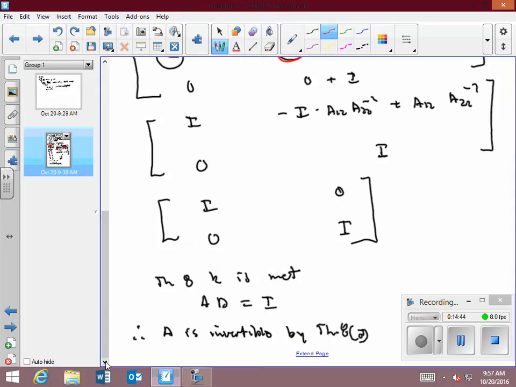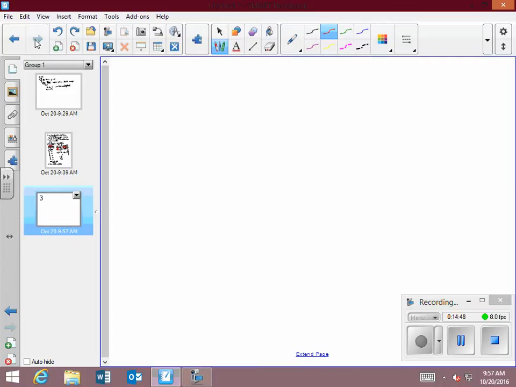So it says A is a block matrix. This is given.